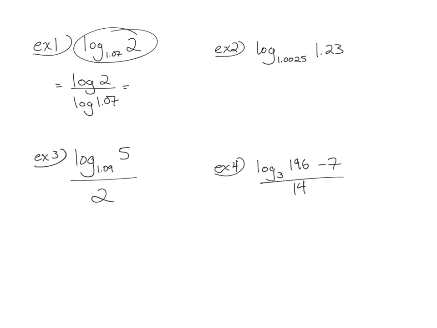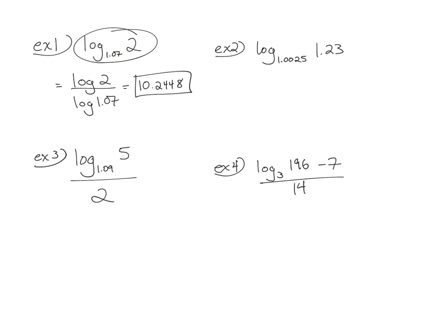Yeah, decimals. Decimals are always fun. If you take log of 2 and divide it by log of 1.07, you'll see that it'll be about 10.2448. And that's your answer. Again, you have to put the base in the basement.